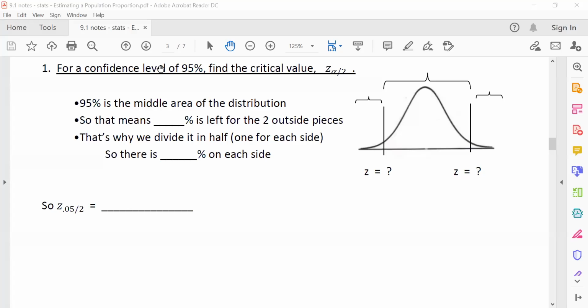So going back to the notes, that is what we're gonna put in here: 1.96. We're gonna use that trick a lot.